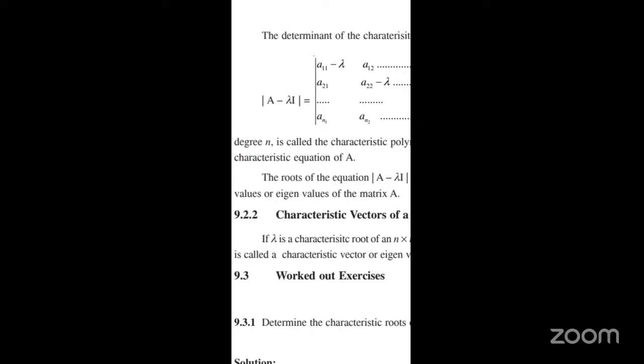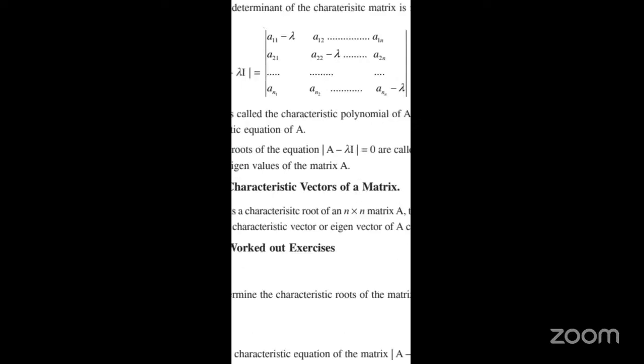Here capital A is the coefficient matrix, lambda is a scalar, and I is an identity matrix depending upon the order n. Now the characteristic equation is the determinant of A minus lambda I equal to 0.